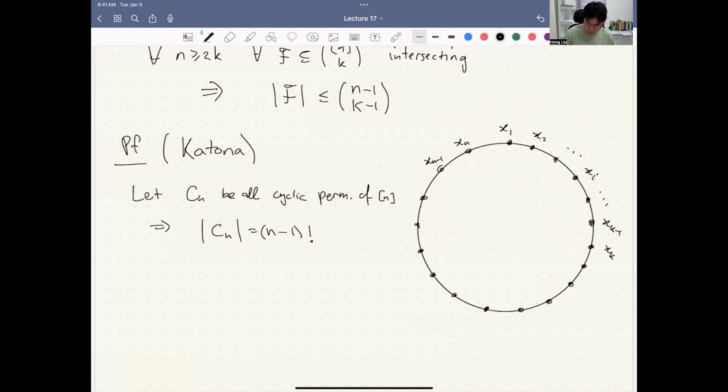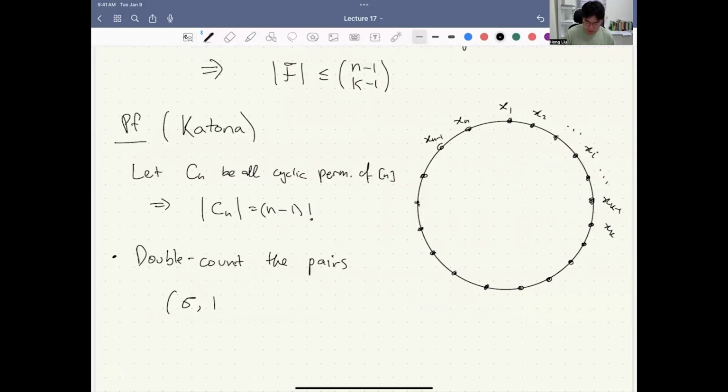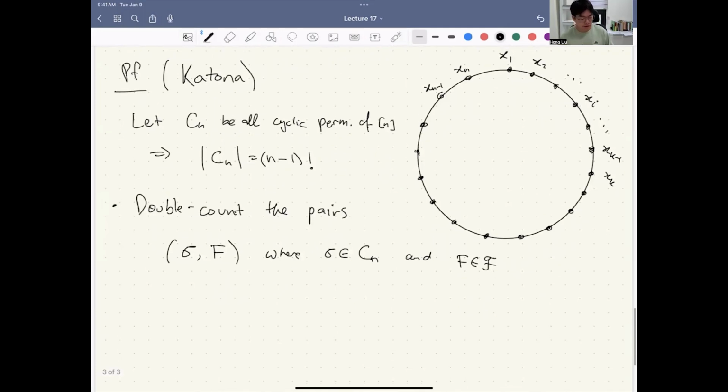We're going to do double counting. We double count the pairs sigma, F, where sigma is one of the cyclic arrangements of the ground set, and F is a set in our intersecting family F, such that F forms an interval, which I call an arc, in sigma.